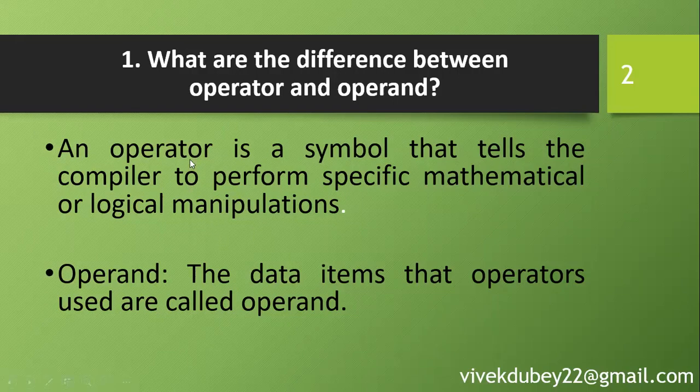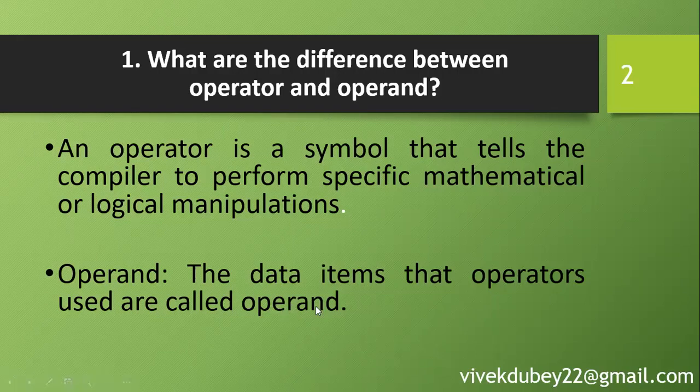Second important term is known as an operand. It is nothing but actually the data item that operators use, called the operand. Normally, operations we are performing on the operand.